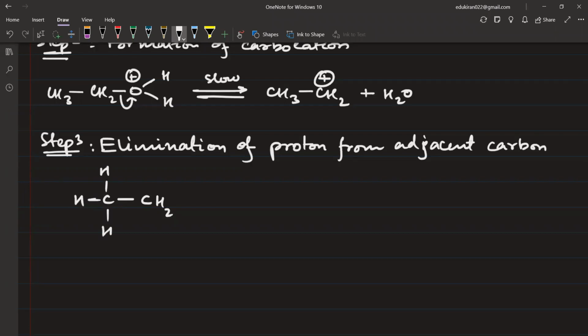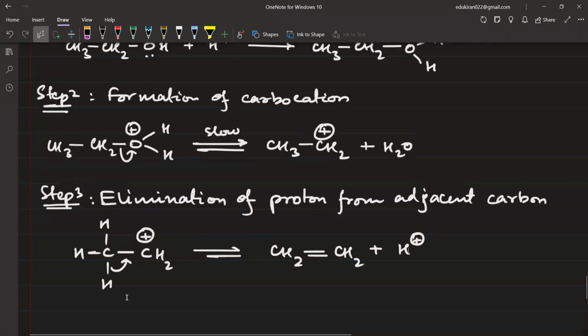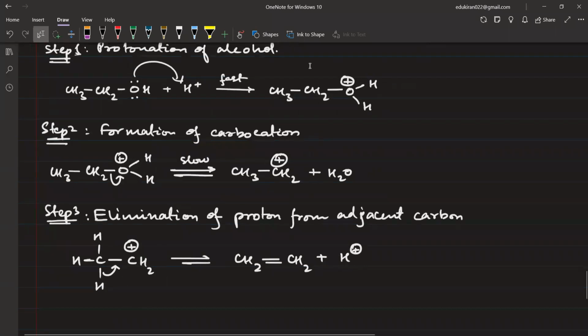So with CH2 positive, this hydrogen atom will leave and bring its bond here, leading to formation of CH2 double bond CH2 plus H plus. Now this H plus, which was initially used for the protonation, has been eliminated. That is why H2SO4, the acid, takes part in the reaction but is not consumed in the reaction.